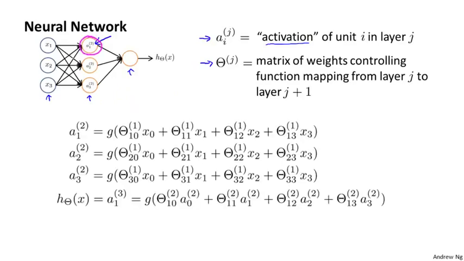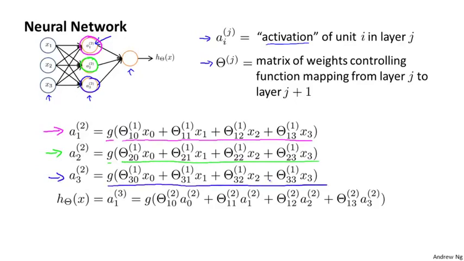This first hidden unit has its value computed as follows: a21 is equal to the sigmoid function, or the sigmoid activation function, also called the logistic activation function, applied to this linear combination of its inputs. And then this second hidden unit has its activation value computed as sigmoid of this, and similarly the third hidden unit is computed by that formula.